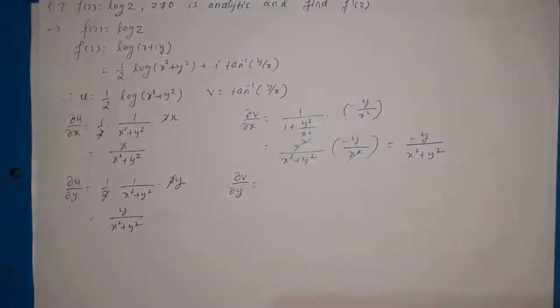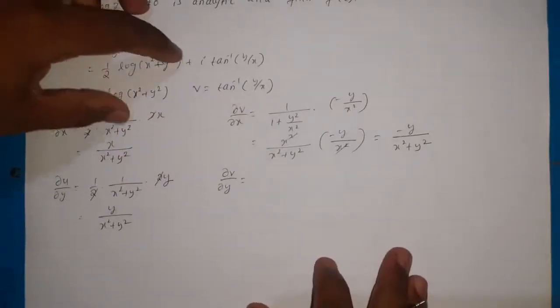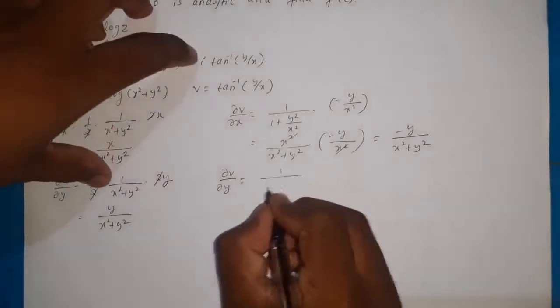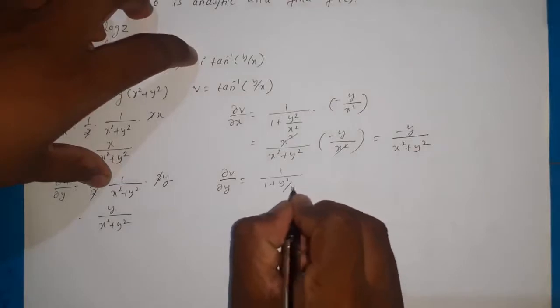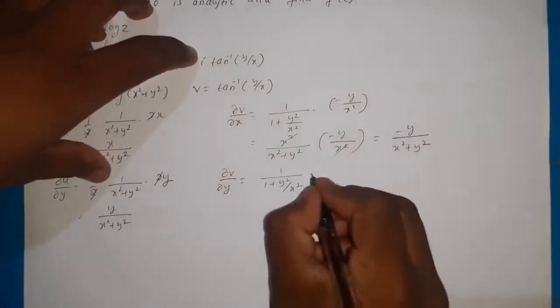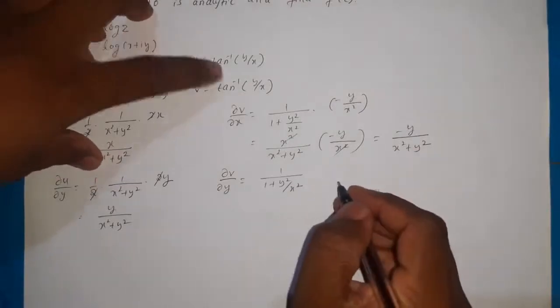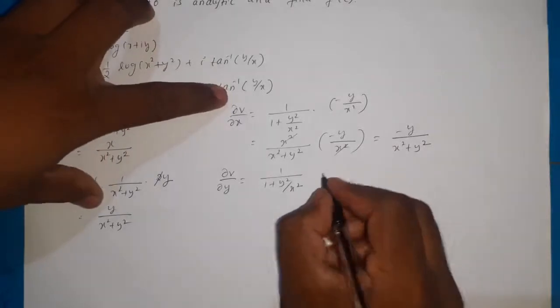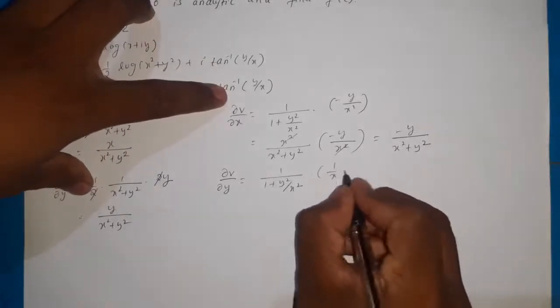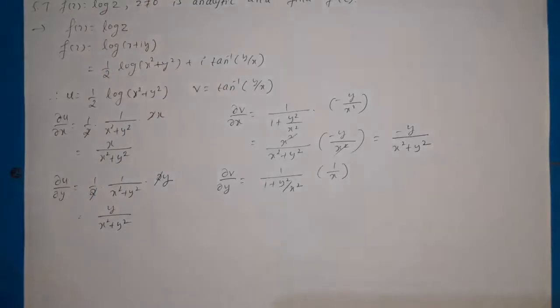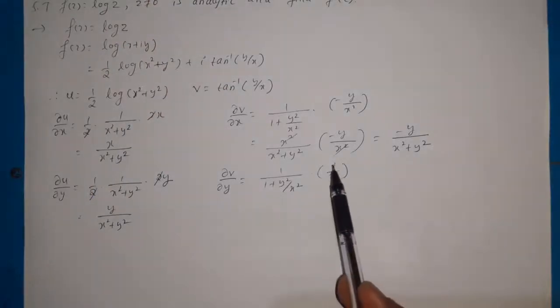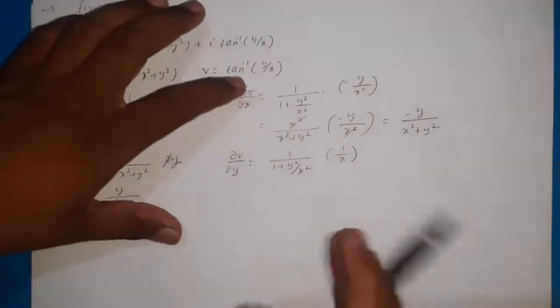So, again tan⁻¹(y/x). The derivative of tan⁻¹(y/x) is 1 divided by 1 + y²/x² into, now the differentiation of y/x is 1/x, because the differentiation of y is 1 and x is constant, that becomes 1/x.